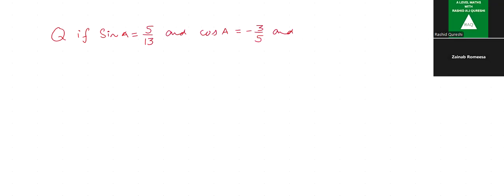The range of the angle A is this one. That is lying in the second quadrant. Second quadrant means the angle is more than 90 degrees and less than 180 degrees. That is called the second quadrant.